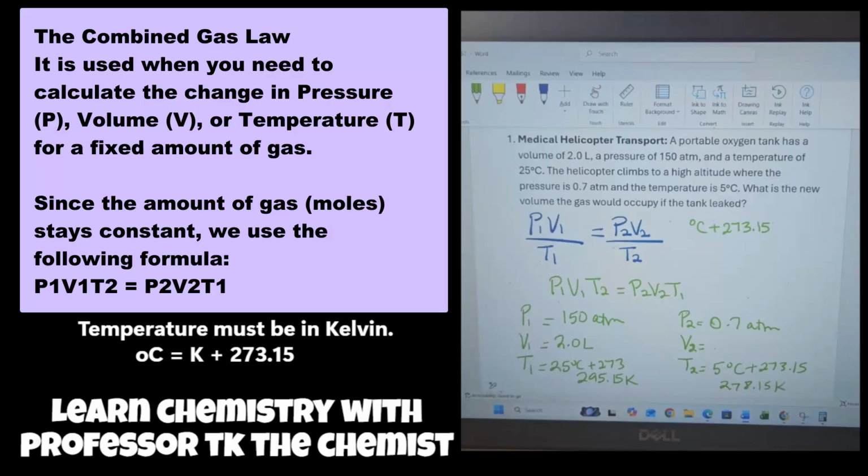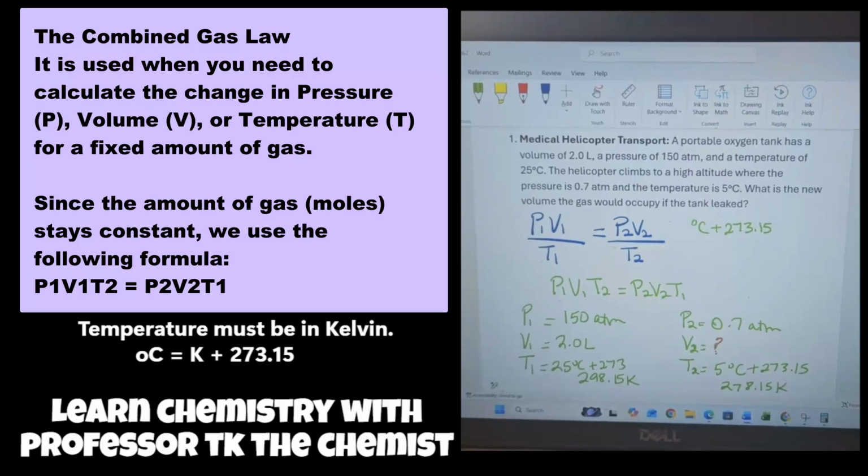We're looking for the V2. What is the new volume the gas would occupy if the tank leaked? Uh-oh, something that we would not want to happen. So let's see. All right, so now we're going to plug in, looking for V2.